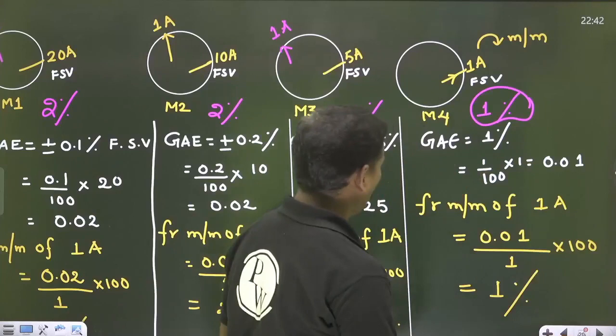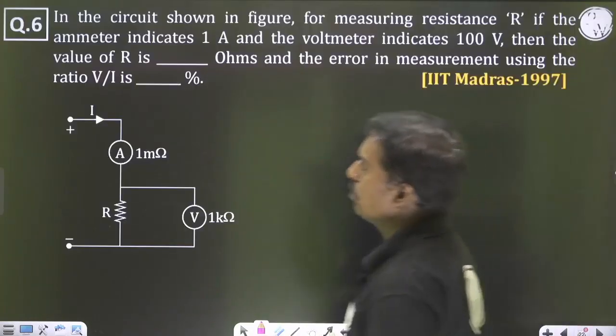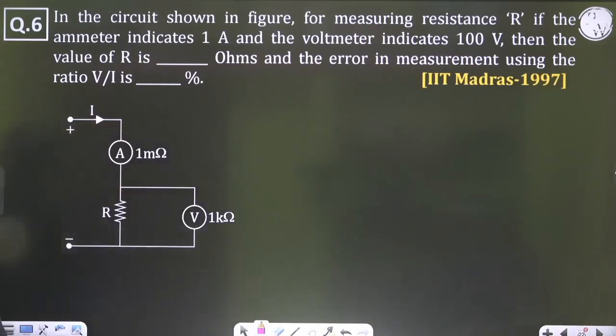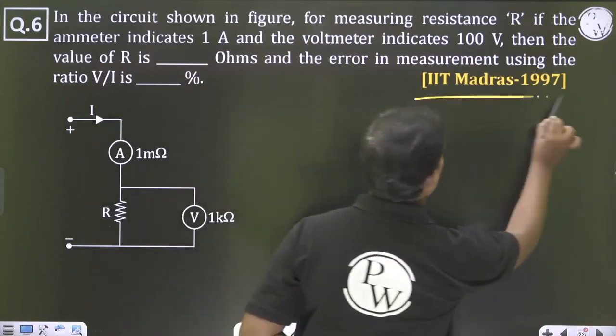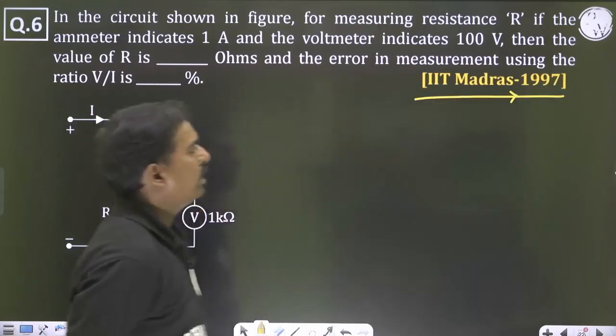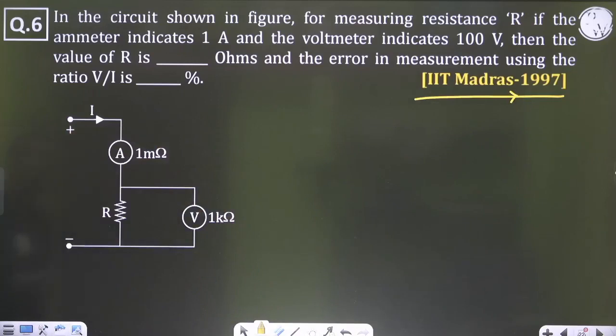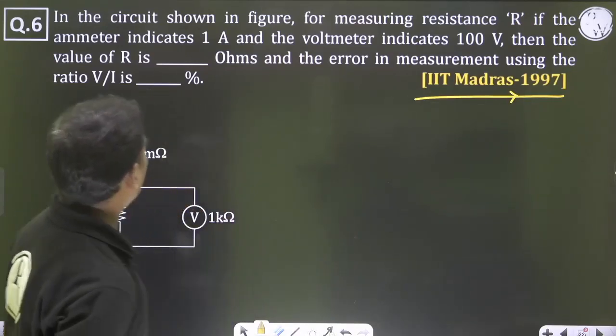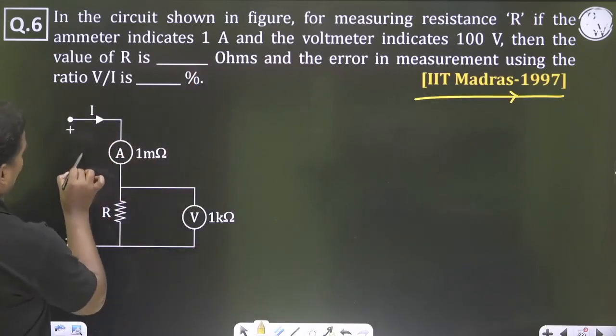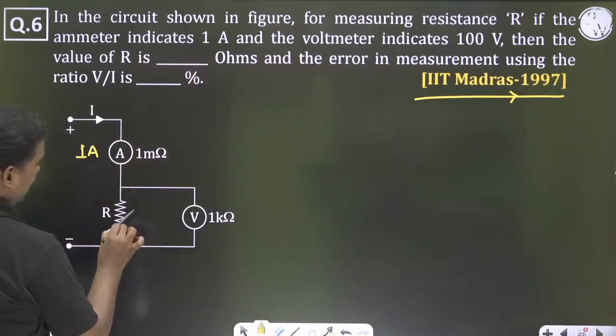Let us move on to one more question. Question number 6. This question was asked by IIT Madras in 1997. In the circuit shown in the figure, for measuring resistance R, if the ammeter indicates 1 ampere, so this is the ammeter, and this is the unknown resistance we have to measure.